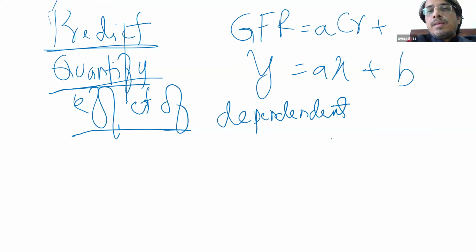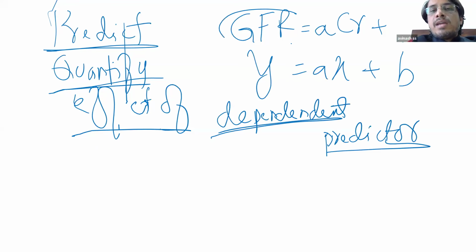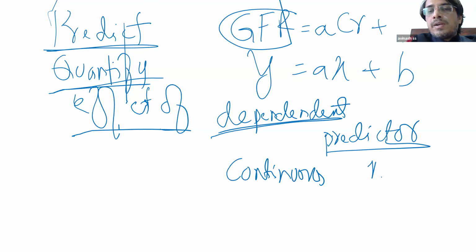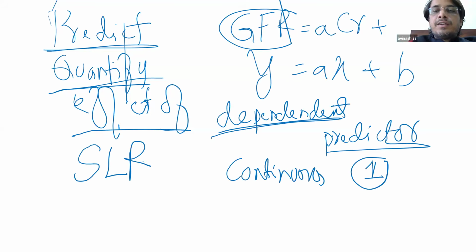Which is the independent variable here? Creatinine. The independent variable is also called the predictor variable. Now, what is the dependent variable type here? Continuous. If the dependent variable is continuous and there is only one predictor variable, we use simple linear regression.